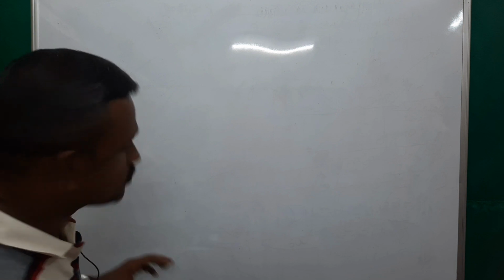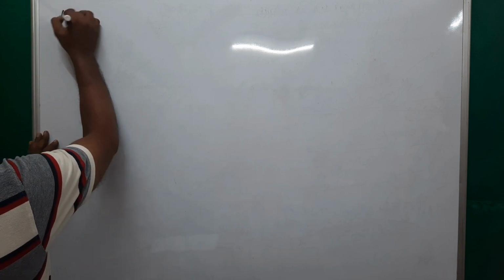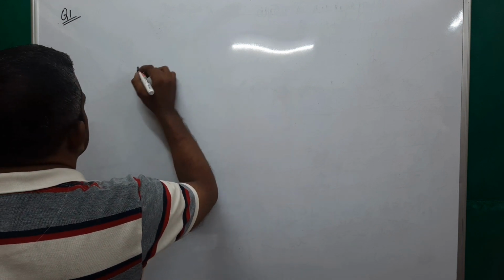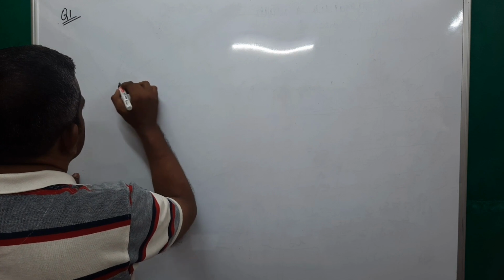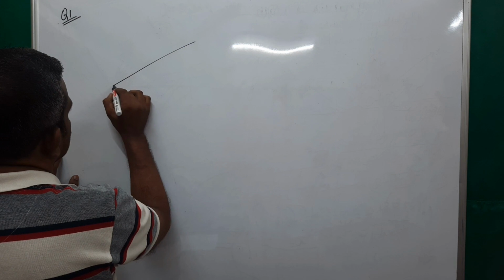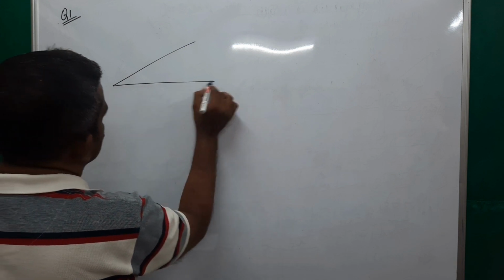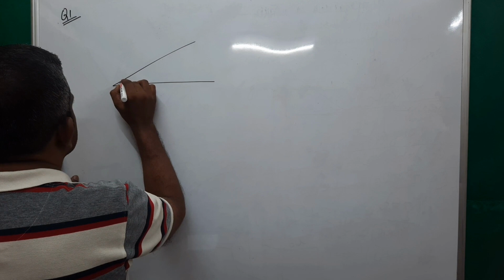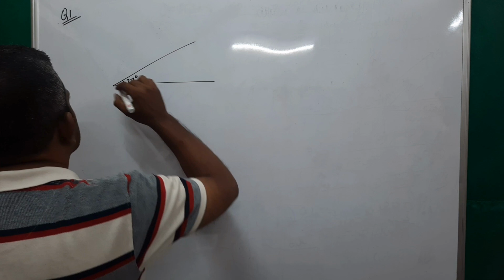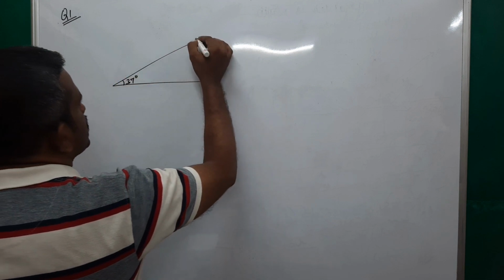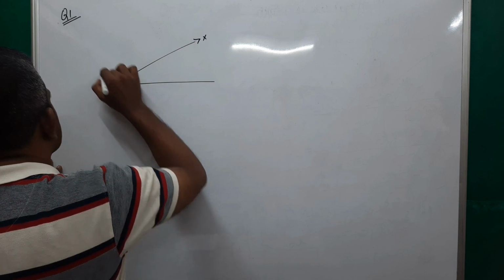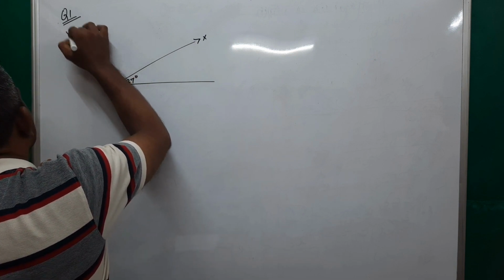So first numerical, question 1. Consider an inclined plane of angle 37 degree. This is the x-axis and this is the y-axis.